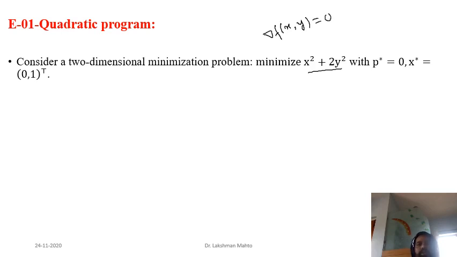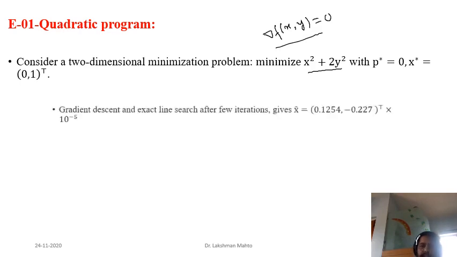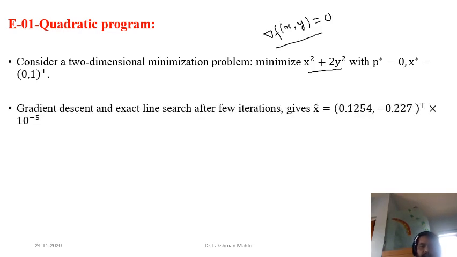But suppose we want to find this one algorithmically using gradient descent, then how can you find it? We have to apply gradient descent, and I had already mentioned that in a quadratic program, line search works very fine. So we define a step size with the help of line search. After a few iterations you will get this approximate solution, here x cap.